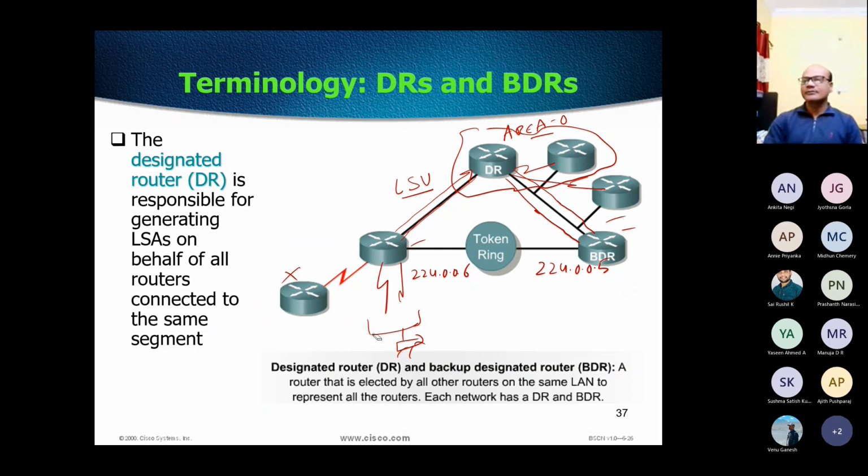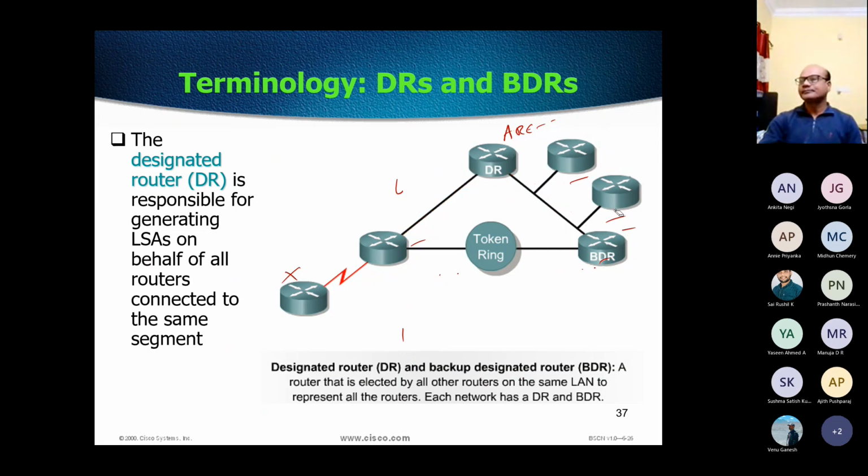Let me erase this and remove the routers. Just imagine you connected one router, a new network has been connected, and you're running some servers and end user devices. So this router will send the update. How is it going to send the new LSA? It has to send the LSA.